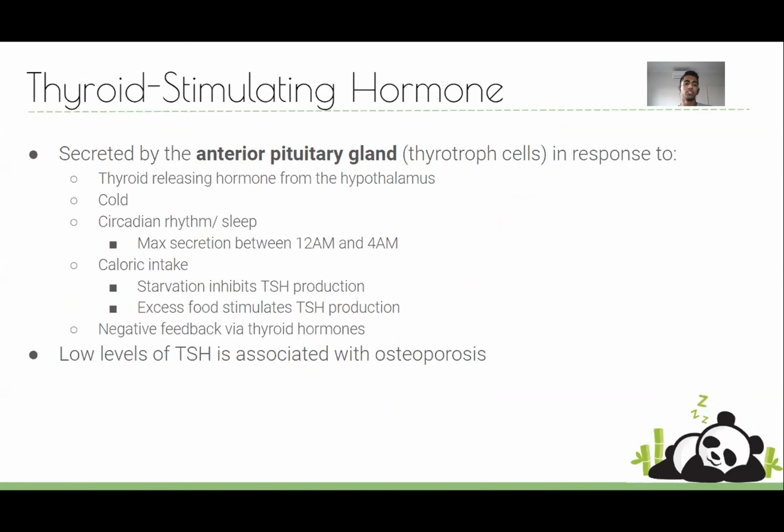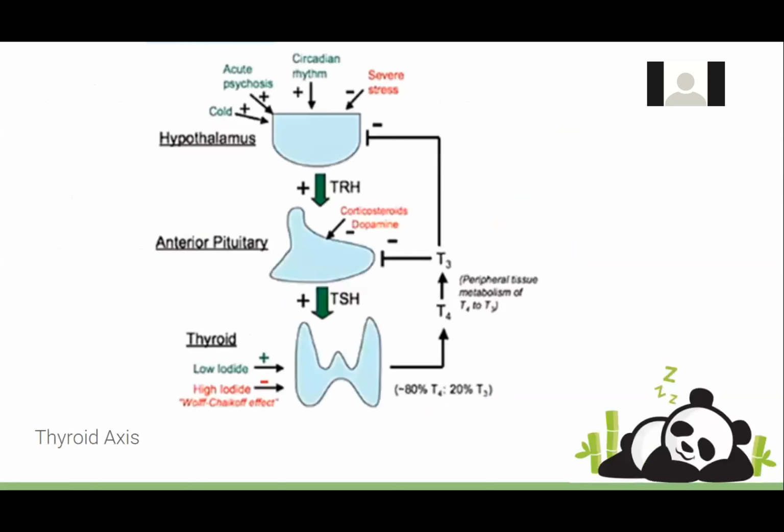Okay. So thyroid stimulating hormone. This is talking in reference to our negative feedback loops. It's probably a little bit easier to understand with the picture, but basically we've got our hypothalamus, which produces thyrotropin releasing hormone that will act on our anterior pituitary gland to stimulate thyroid stimulating hormone.